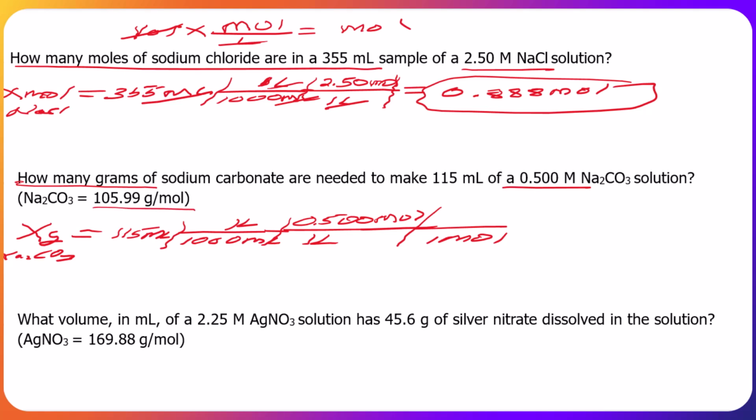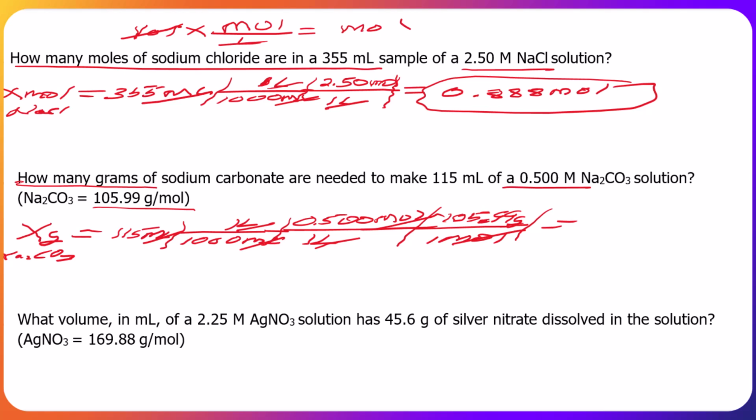They made life easy for us, so we're just going to plug that in. We're multiplying moles times the molar mass. So that's 105.99 grams. I really am doing the best I can here, guys. All right, so milliliters cancels, liters cancels, moles cancels, and we wind up with grams.